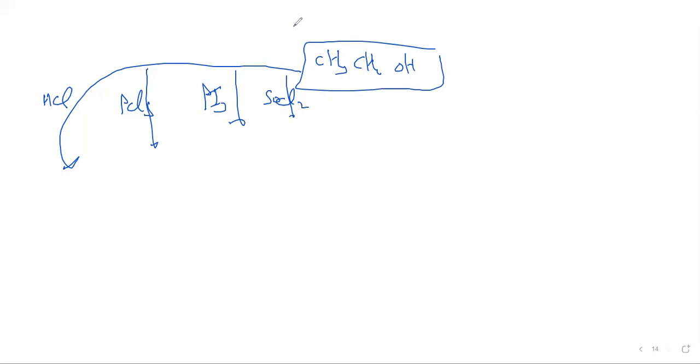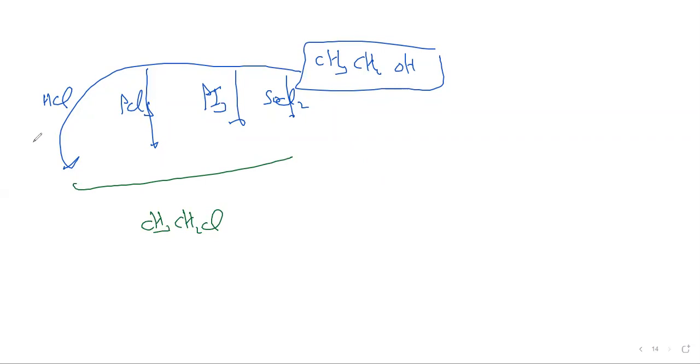All of these products will produce RX. So it will produce CH3CH2Cl.